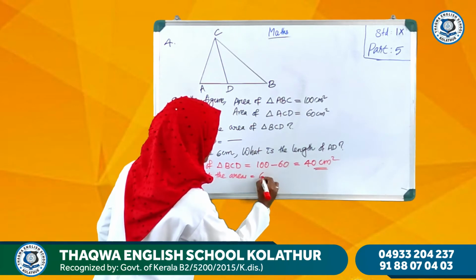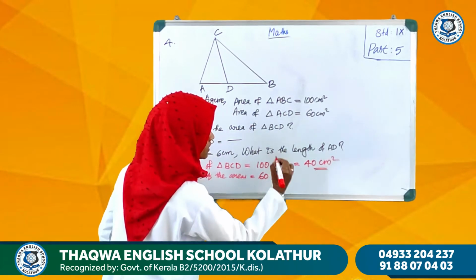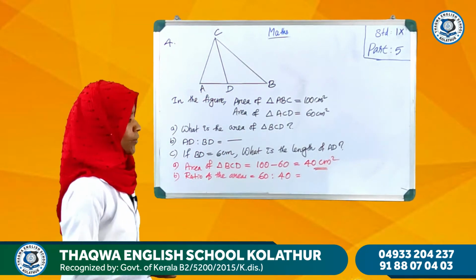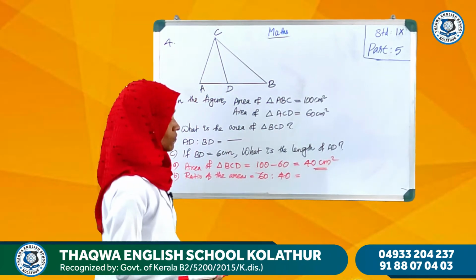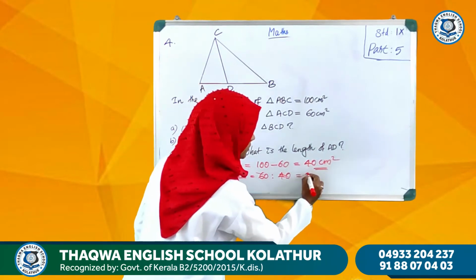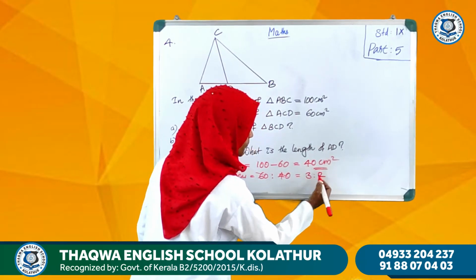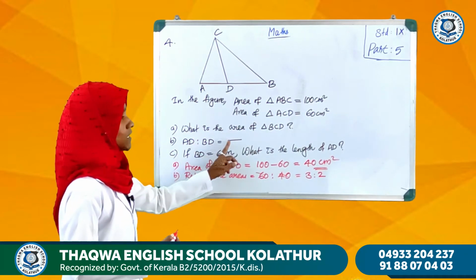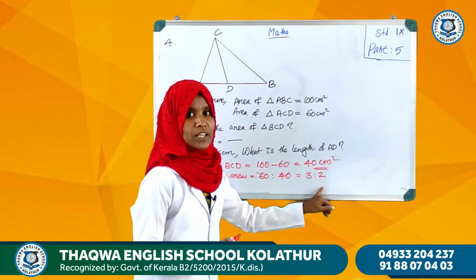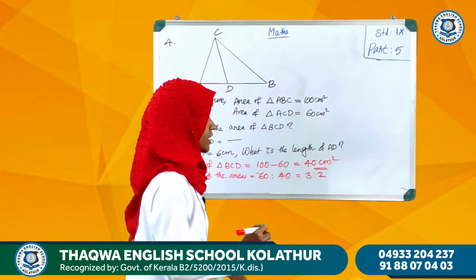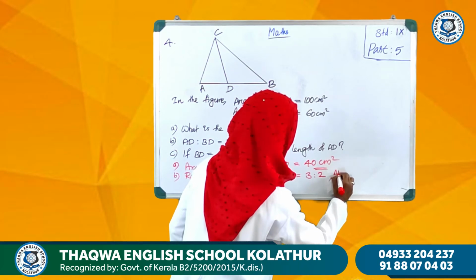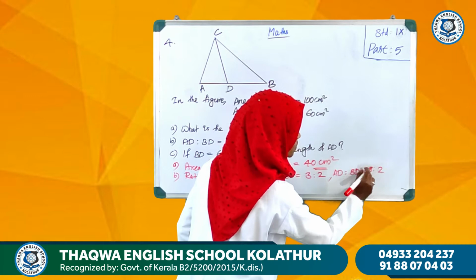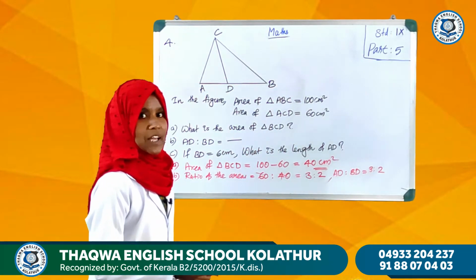So we can write 60 is to 40. What is simplest form? 3:2. Okay. So our second question, AD is to BD is also 3:2 by our last result. Can you understand?